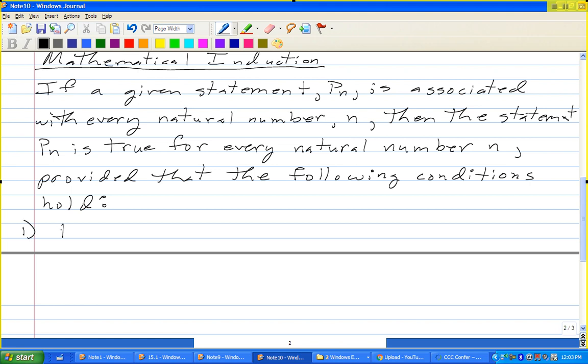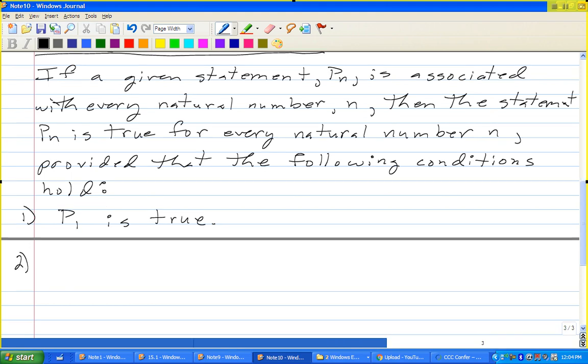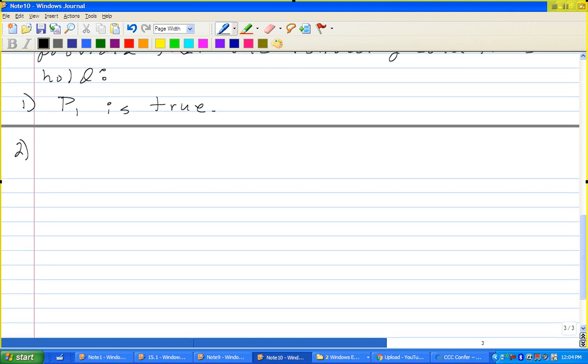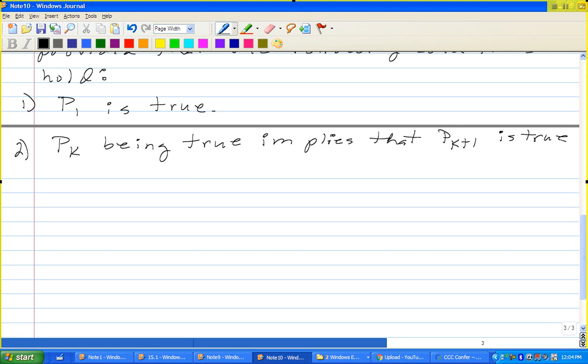So first, P sub 1 is true. So that says that the first domino falls. Second, P_k being true implies that P_(k+1) is true for any natural number.